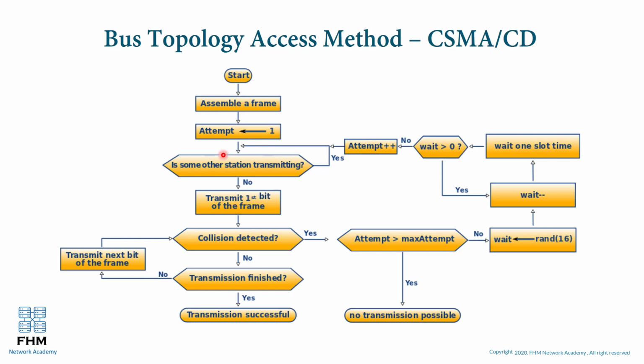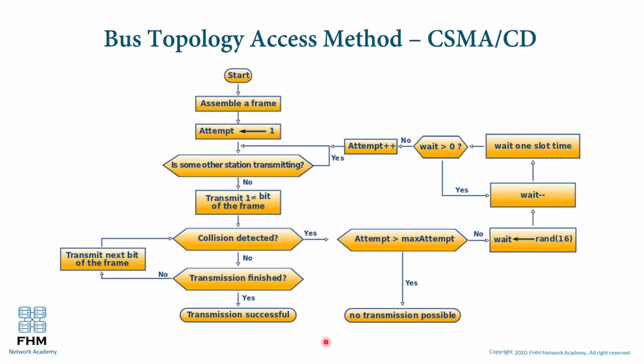And if not, the rest of the bits of the frame will be sent. And while those bits are transmitting over the network, the process of comparing the sending signal and the receiving signal continues. And if nothing happened and no collision was detected while sending those bits, it means the transmission was successful.